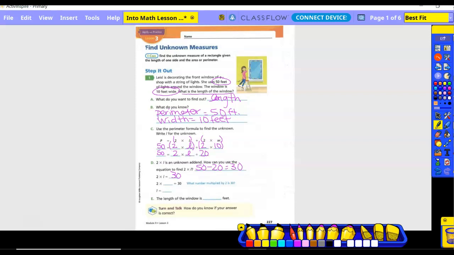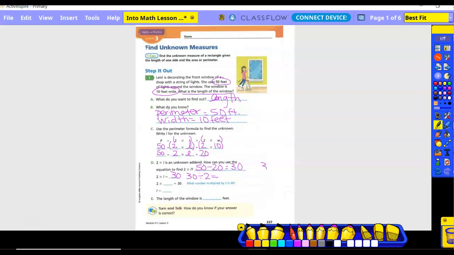So 2 times what? So like I told you guys before, you need to do an inverse operation to get L by itself, correct? Okay, so 2 times something gives you 30. So what's the inverse of multiplication? Division. So 30 divided by 2 equals, so what times 2 will get you 30? 15, right?